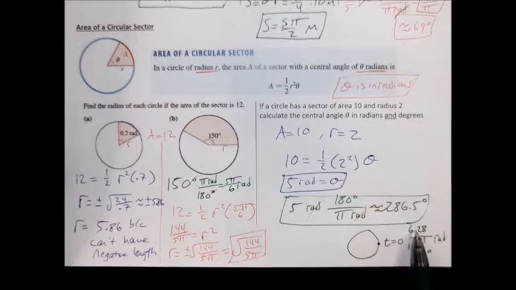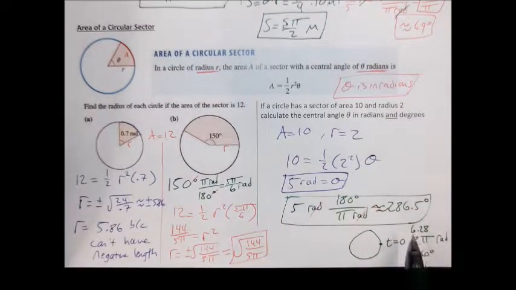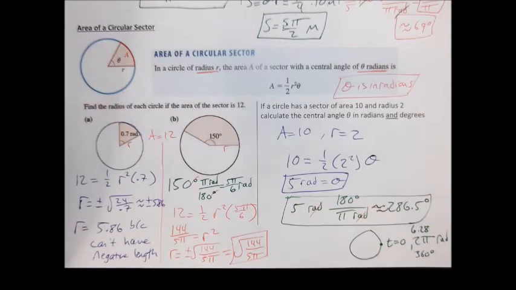So 6.28 is all the way around, 5 is pretty close to all the way around, and 286 is pretty close to all the way around in the other sense. Anyway, just trying to relate that stuff all together. Any questions about that?